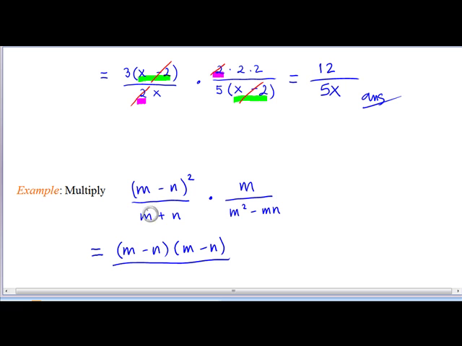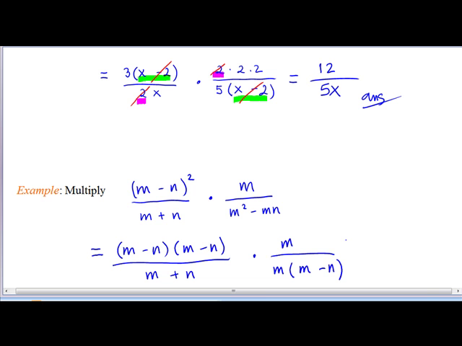For this numerator, we cannot do anything, so we leave it like that and copy it straight down. And this one, the top, I leave like that because I have only one m. For this one here, I factor out the m.